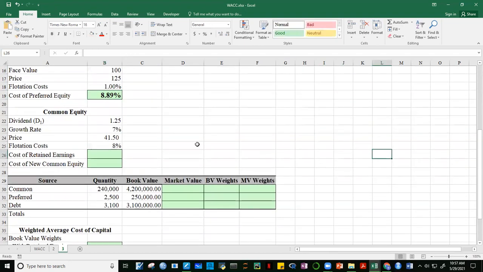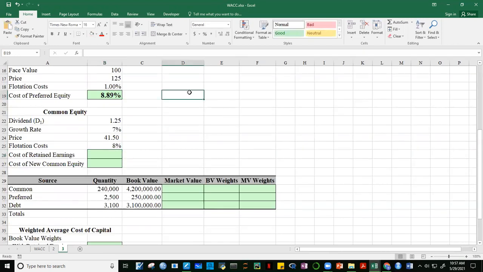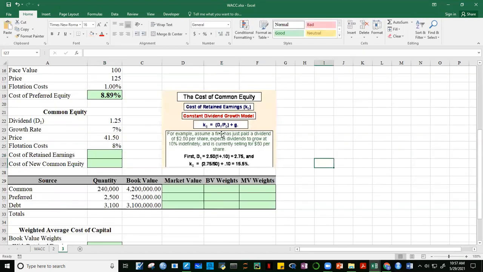And lastly, guys, okay, a cost of new equity and cost of retained earnings. Anong difference sila? Parehong formula. Okay, copy natin to. Same formula for cost of equity. Ang kaibahan lang, guys, yung price dito, walang flotation cost. Ito may flotation cost, di ba? Pero pag cost of retained earnings, wala siyang flotation cost kasi the money is already with the company.